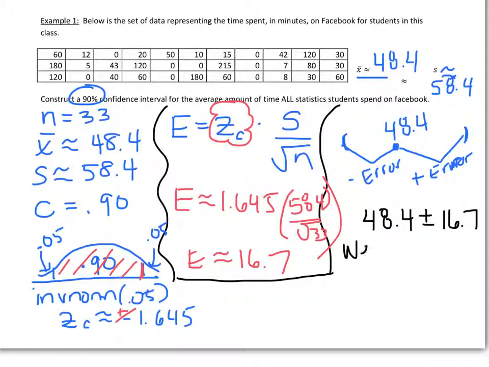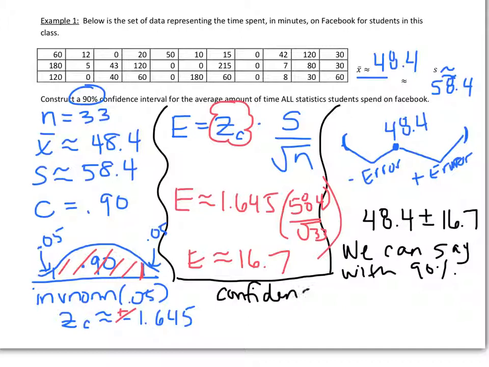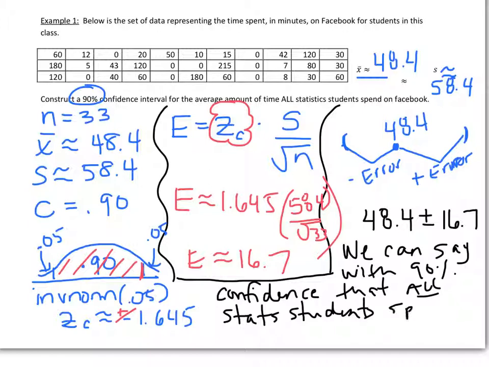So it means that we can say with 90% confidence that all stat students, not just this class, we already knew what this class did, but we're making a prediction about all stat students, spend between, and I already found the values.